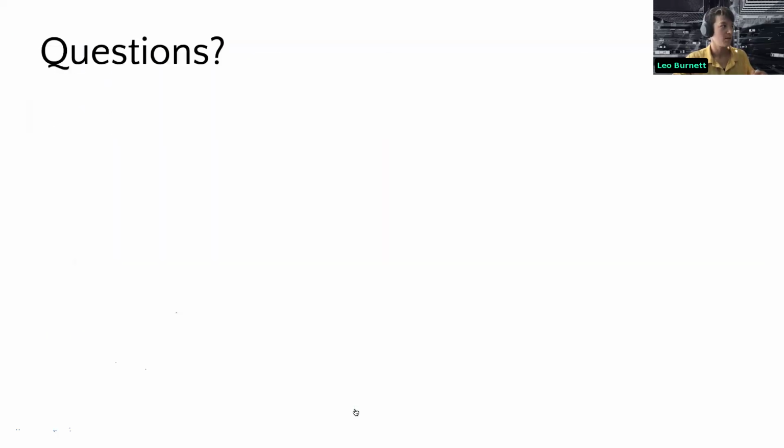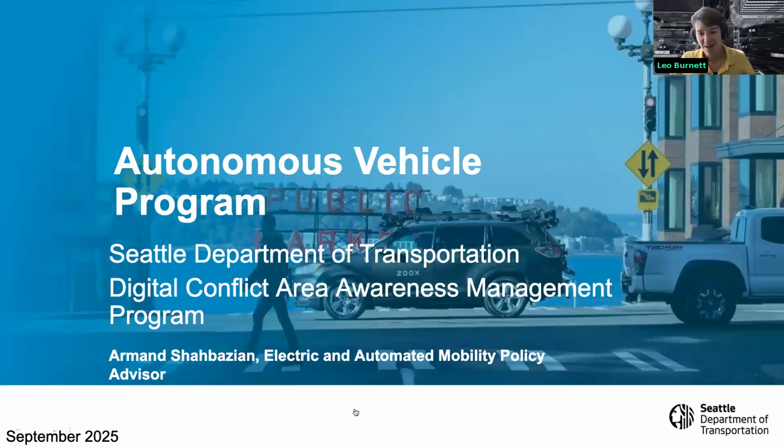And then if we have time at the end, I think Janet's question in particular on the environmental impact of going from analog to digital for an entire city is a great discussion and question that we can add any thoughts to at the end if there's time. Okay. Now we're ready for Armand and the Seattle DOT autonomous vehicles.